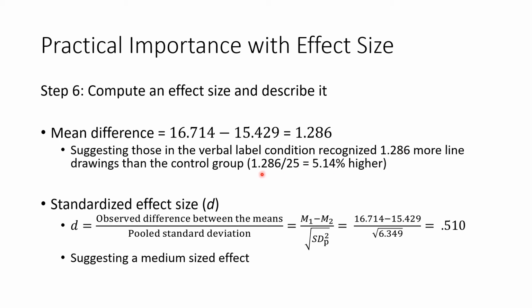Sometimes it's useful to convert this raw mean difference into a percentage. In a sense, you're kind of standardizing it again. But if you do that in this case, it comes out to be about 5% higher. That kind of helps you calibrate the mean difference to sort of decide whether that's important or not.